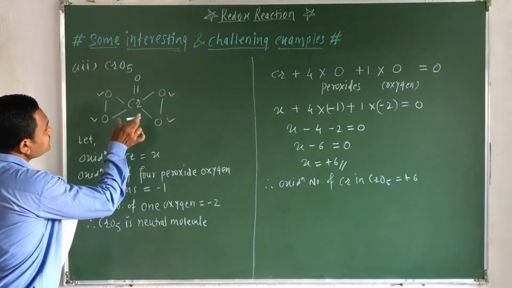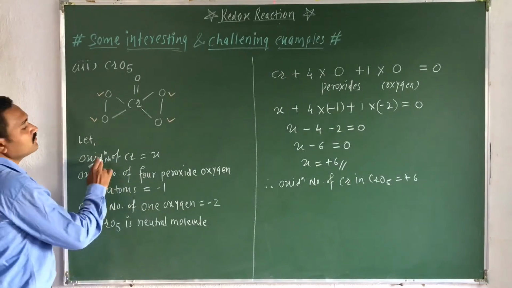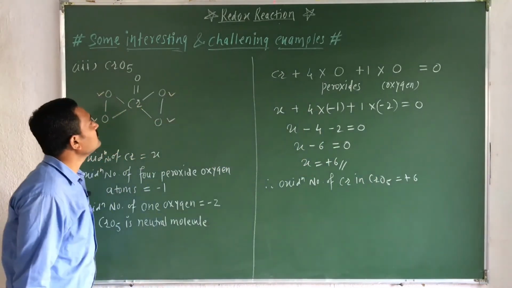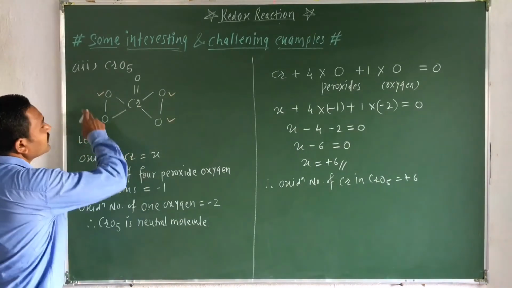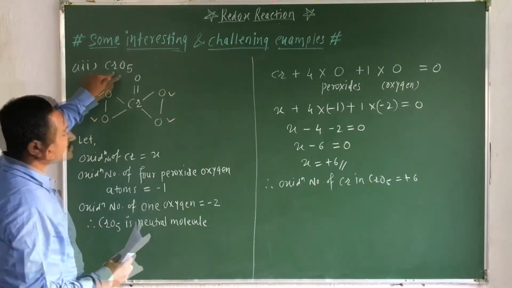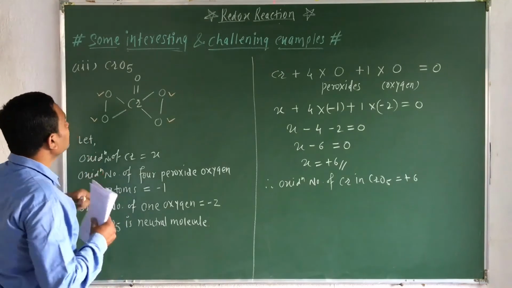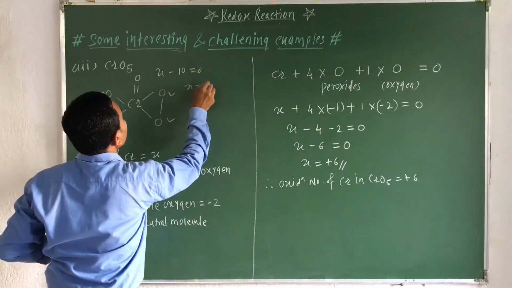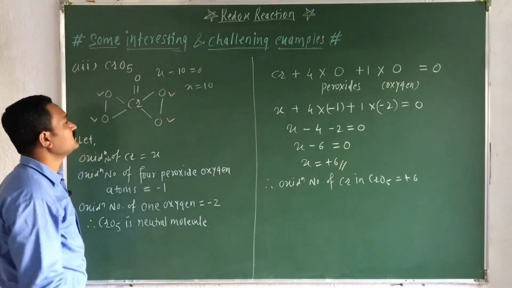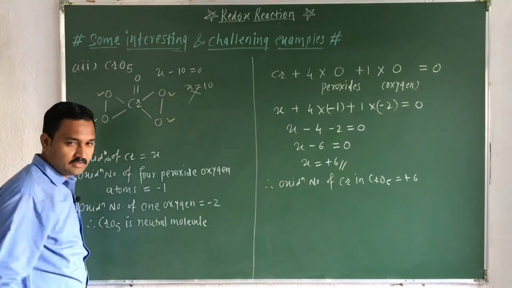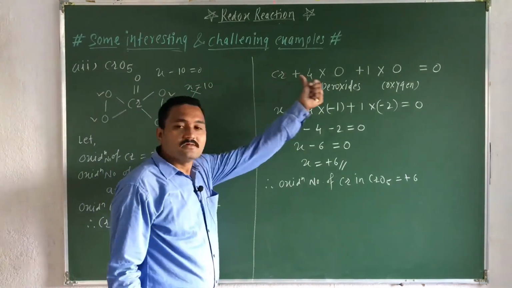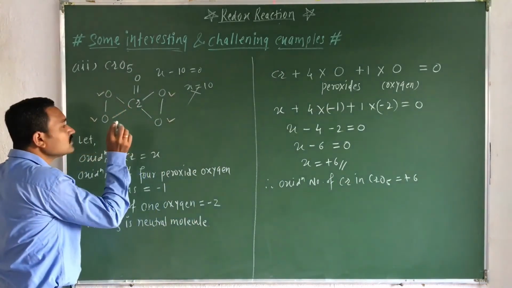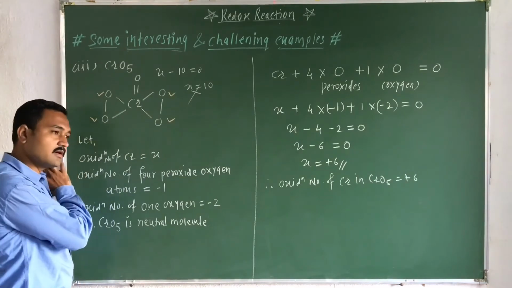So by considering this particular structure, we have found the oxidation number as plus 6. But if in the exam you forget about this structure, how much will you calculate? That is X minus 10 equals to 0, therefore X equals to plus 10, which is wrong. So remember, these are some challenging and interesting examples. Here we have to consider the structure of this particular compound.